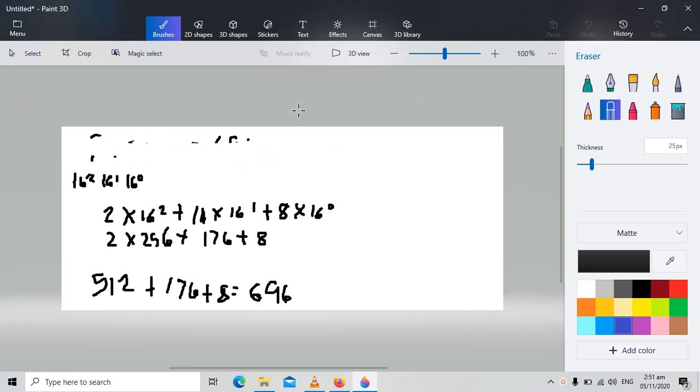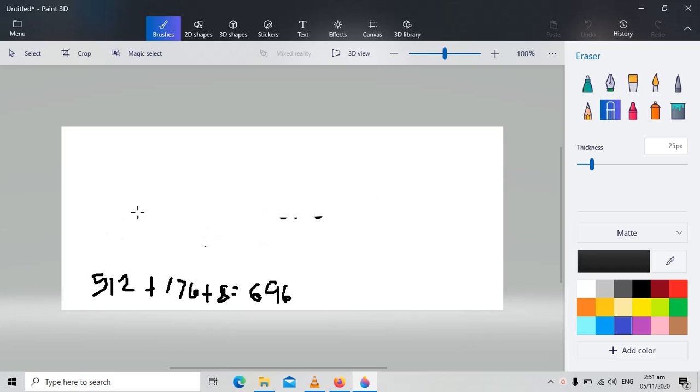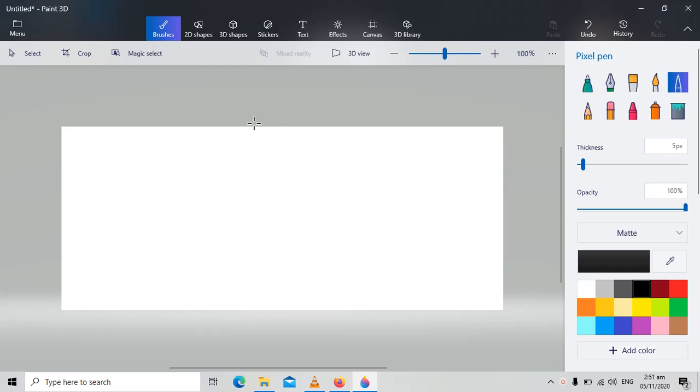Let's try another one. For this one, convert it into a decimal number, 3A2 with a base number of 16. Do the same process again: 16 to the power of 0, 16 to the power of 1, and 16 to the power of 2.